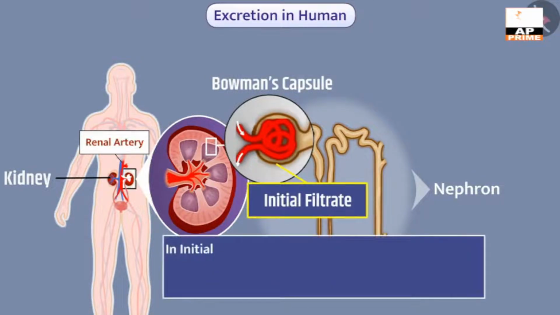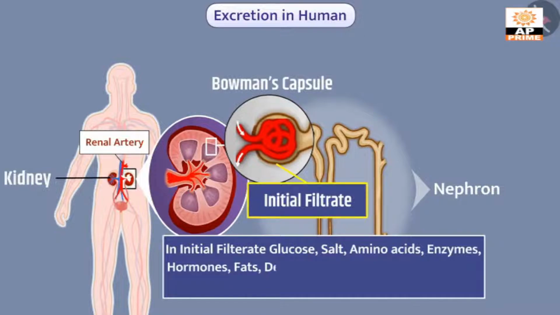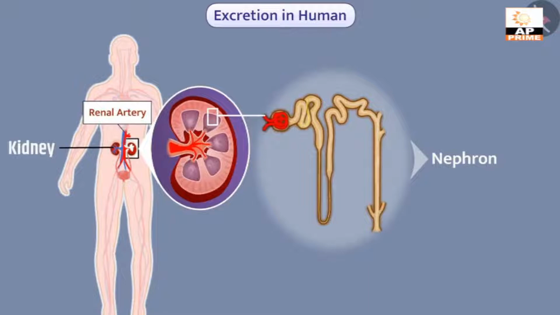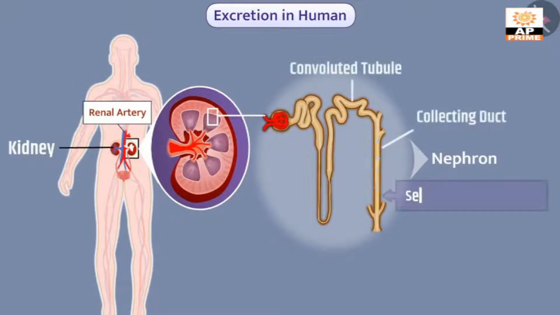In initial filtrate, glucose, salt, amino acids, enzymes, hormones, fats, dead cells, dead bacteria, toxins, medicines, and an abundant amount of water are present. When the initial filtrate flows through the tubular portion of the nephron, there is selective reabsorption of these materials.